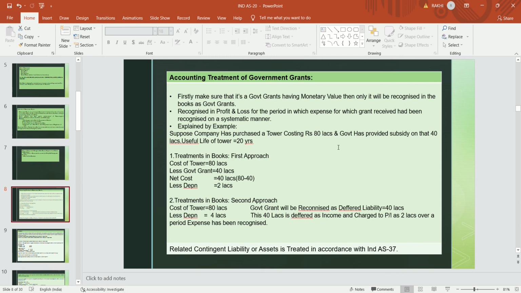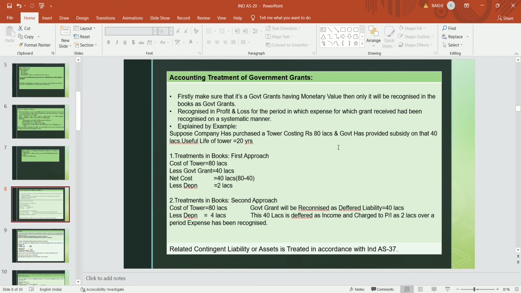In the net approach, we deduct the grant from the cost of the tower, and from the remaining amount we do the depreciation, and the depreciation is expensed off in the P&L account. So this is the net approach which I am going to discuss right now.